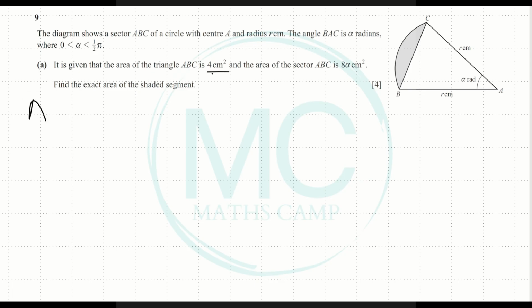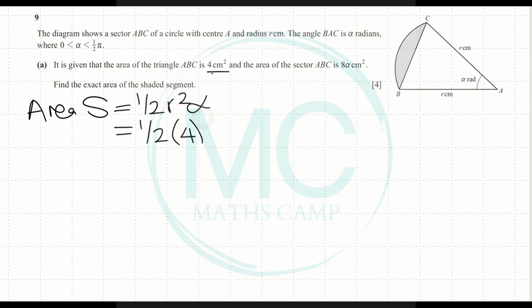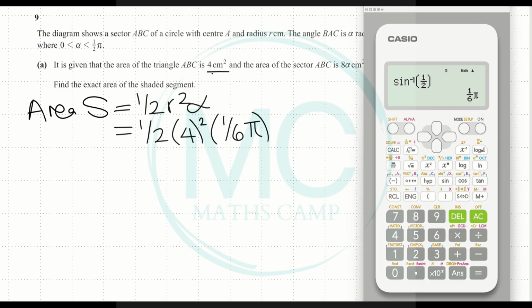So I can say the area of the sector is equal to 1 over 2 r squared alpha, which is equal to 1 over 2 times 4 squared times alpha, which is 1 over 6 pi. And you can put this whole thing into your calculator.